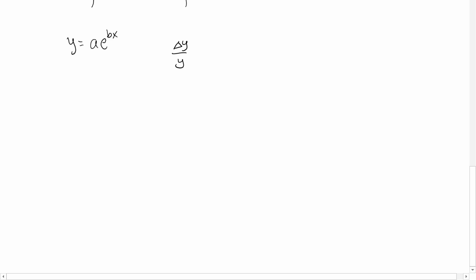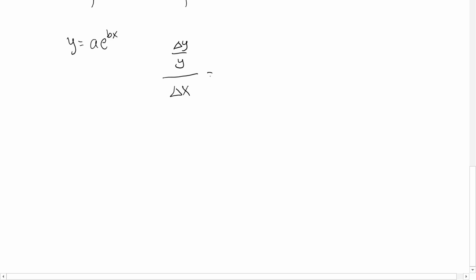Now let's look at the percentage change in y over the change in x, not the percentage change in x, but the actual change in x in units.